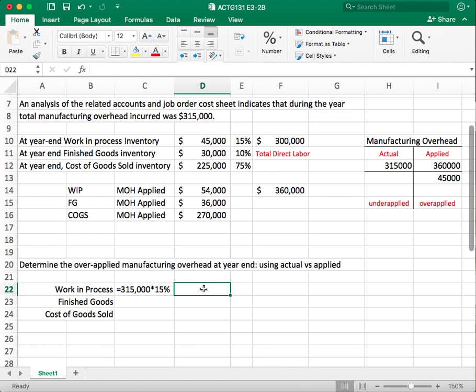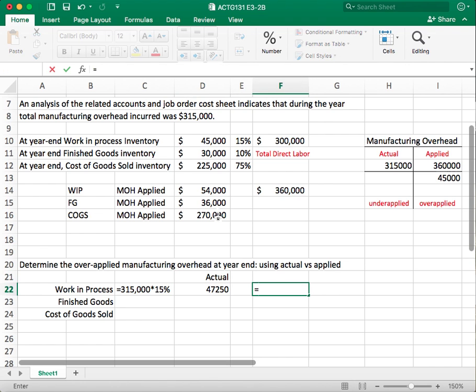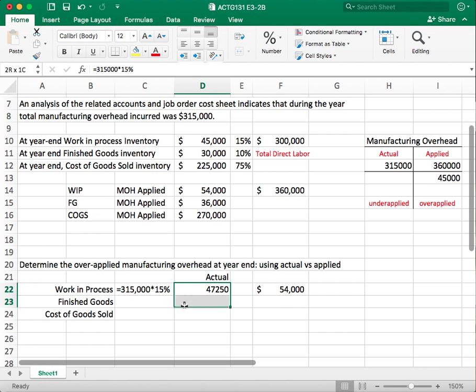Now I'm going to put the formula in the cell: 315 times 15%. That means our actual manufacturing overhead, determined by allocating this 315, is $47,250. Our applied manufacturing cost is the $54,000.